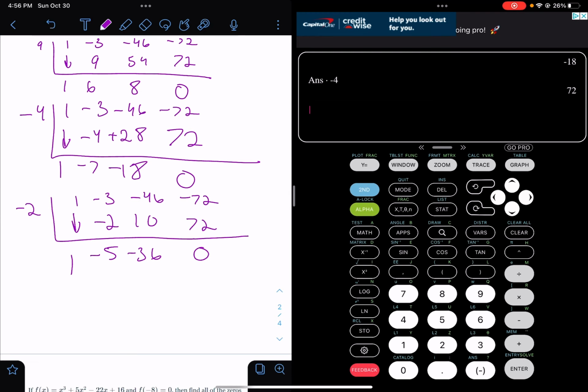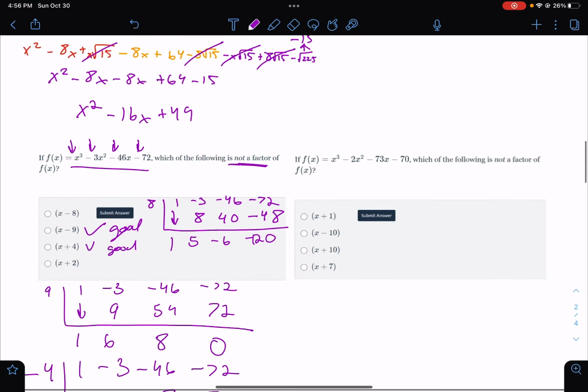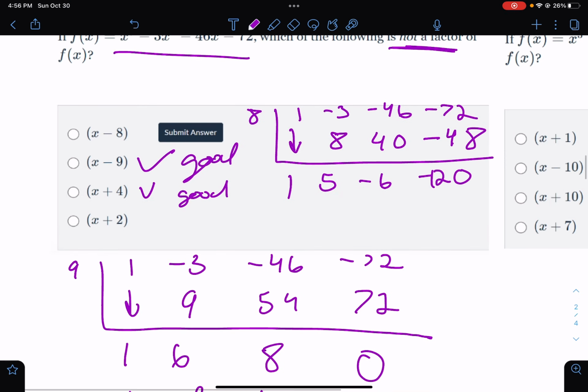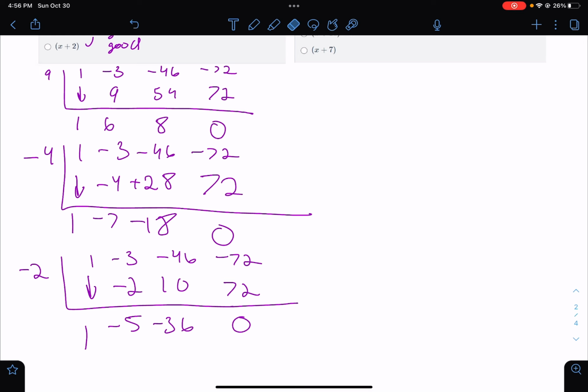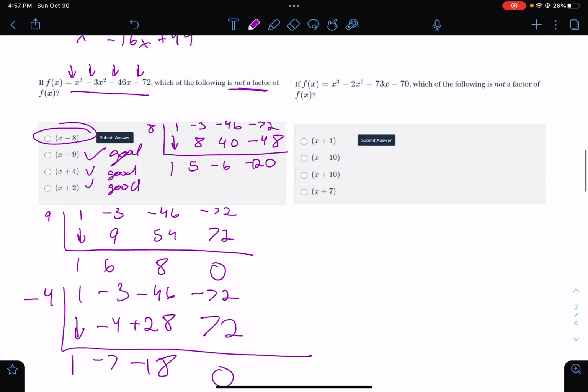No remainder here. So what does this mean? That means that our original work here was correct, showing that this first guy is the one that is not a factor because he ended up with a remainder. All these other guys checked out and were shown to be factors because they divided nicely into the polynomial. All right, so our answer here would be x minus 8 because they wanted us to find the one that is not a factor.